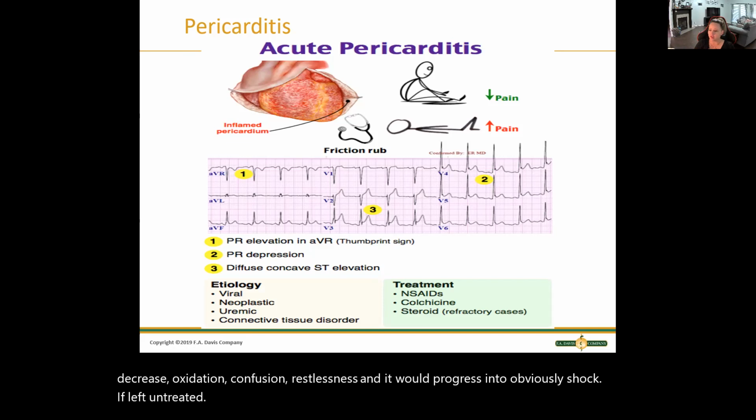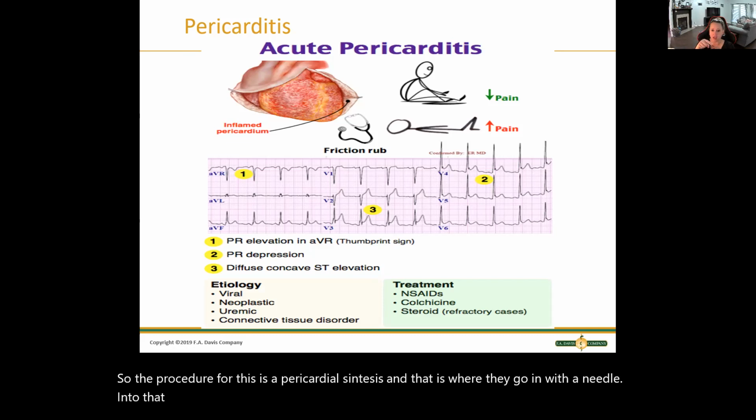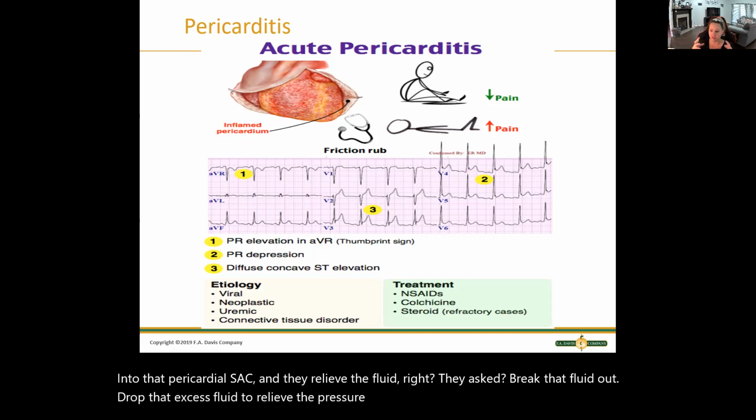So the procedure for this is a pericardiocentesis, and that is where they go in with a needle into that pericardial sac and they relieve the fluid, right? They aspirate that fluid out, draw off that excess fluid to relieve the pressure and allow the heart to expand and refill.